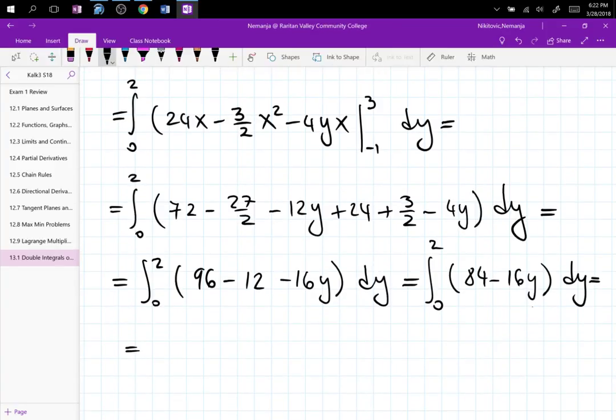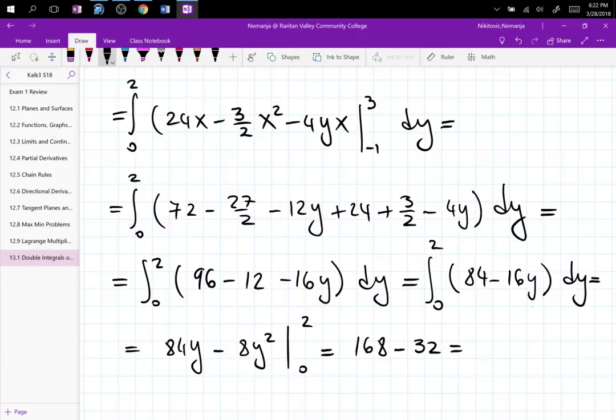And this is the calc one now. So it's 84y minus 16 over 2, which is 8y squared, computed from 0 to 2. These are all polynomials, so we don't have to worry about 0. 2 times 84 is 168, minus 8 times 4 is 32. And again, don't worry about the 0. You worry about 0 only when you have cosine or e, right? So this is 134. No, 136, sorry.